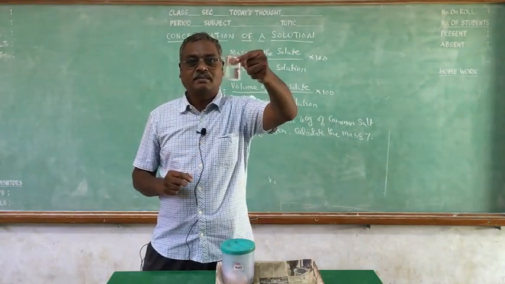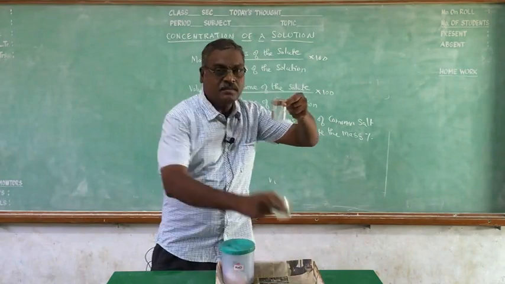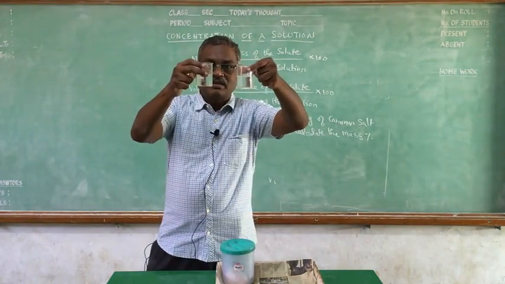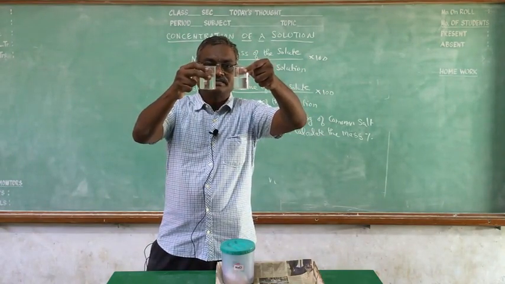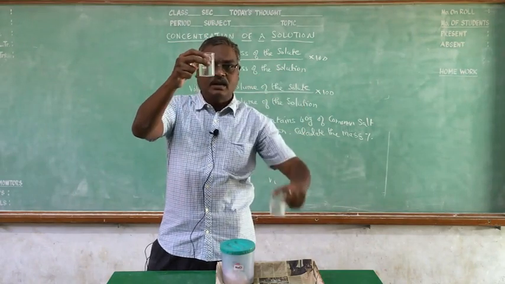Here I have taken a beaker with water. In another beaker also I have taken water. Two beakers I am having, both with water. Now the first beaker I am keeping down.